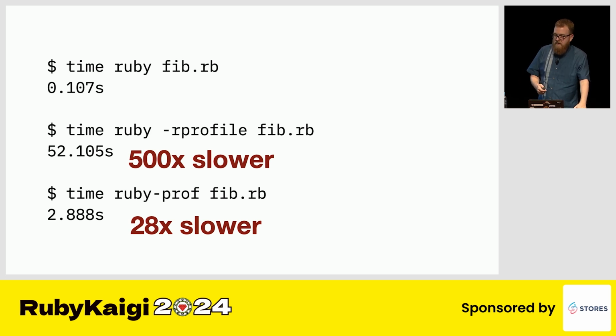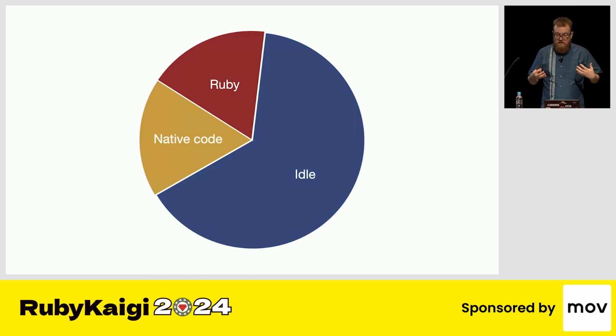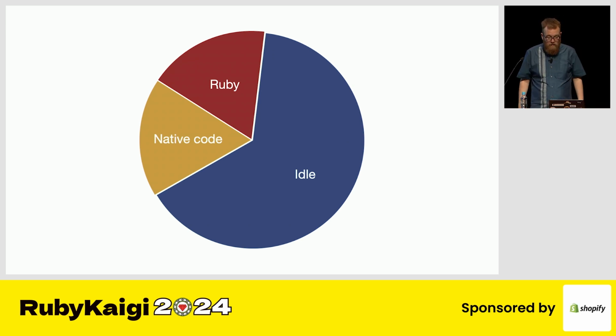But the bigger problem is that this doesn't slow things down consistently. A real Ruby program is a mix of things. Some of its time is spent running Ruby code, but some is still spent in native code, usually a C function, like String#split we saw earlier. And most programs spend a lot of time idle, waiting on I/O, talking to the database, doing something over the network.